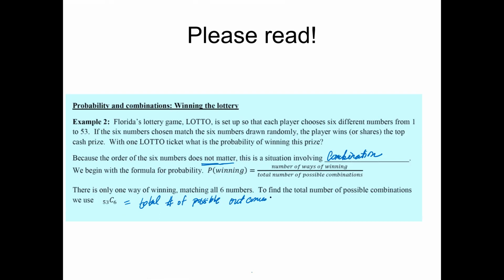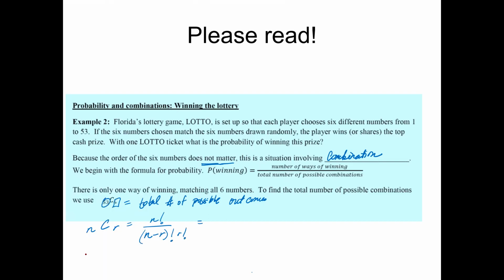So let's plug it into the formula. You know your formula: n is always the bigger number, that's 53. r is going to be the smaller number, that's 6. It is always going to be n factorial over n minus r factorial times r factorial.